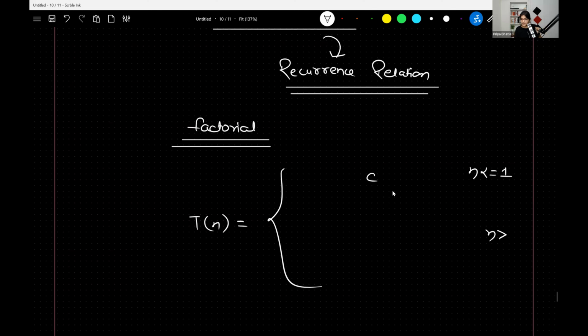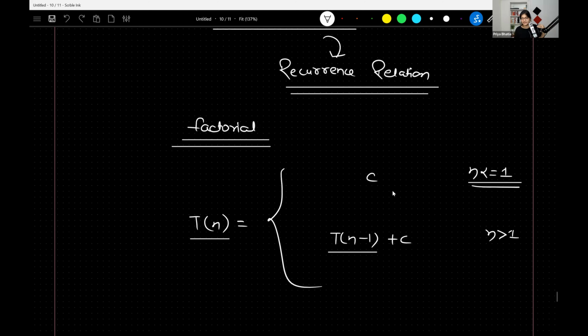But when the value of n is bigger than 1, then it will be T of n minus 1 plus C. Plus C is a constant task for the multiplication part that we are doing further. But T of n minus 1 is the repetition part. Because it's a recursion, the function is repeating, but with a different parameter. The parameter is n minus 1 at every step, until I reach the base case condition, when my value of n is less than or equal to 1.